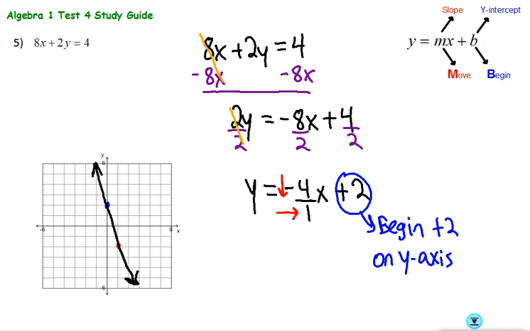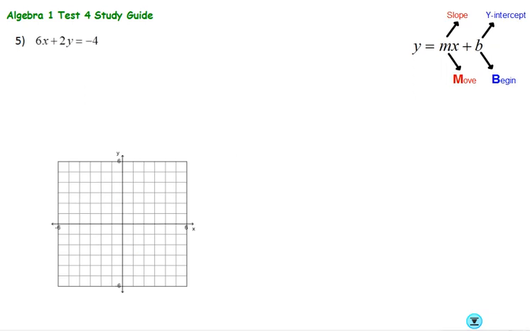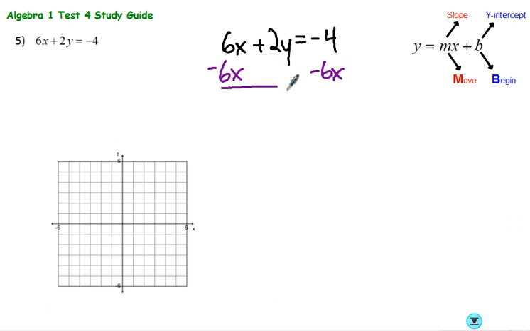Okay, well, let's see what you'd have for number 5 on the right side. Once again, not in slope-intercept form. Slope-intercept form is the way we like it, because then we don't have to do any work. We just look at it and graph it. But that's all right. We can handle a little bit. Again, the first thing is always to move that x over, so subtract 6x from both sides.